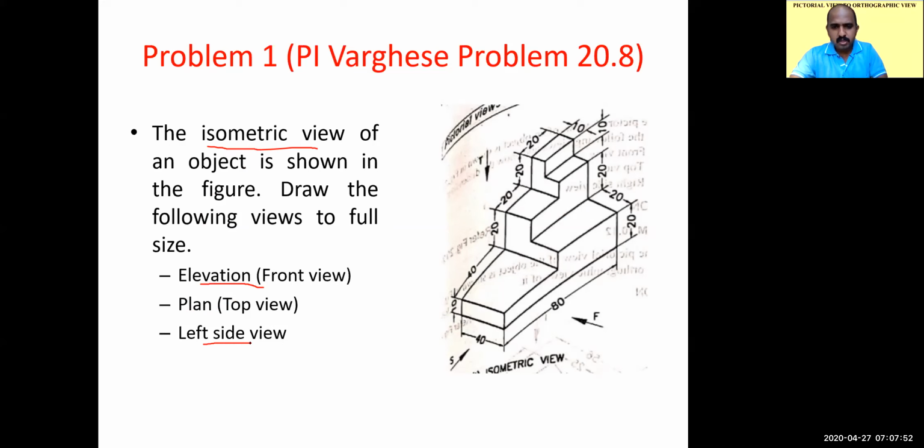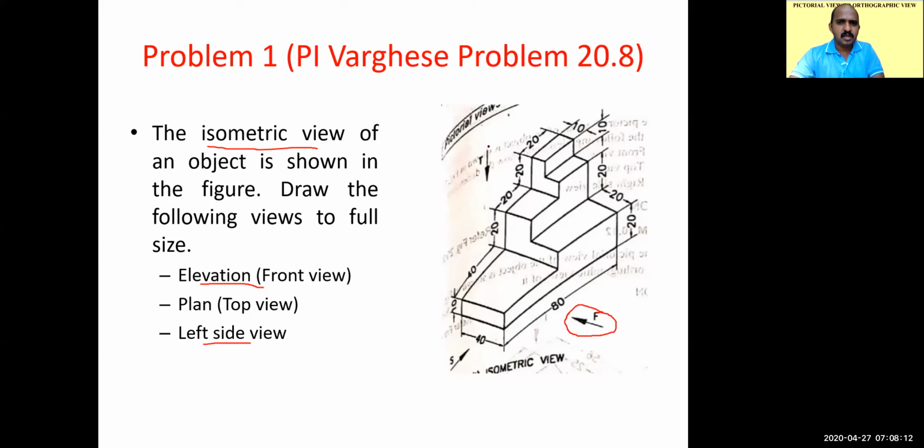Now you look into the question. Here is the object, and three directions are given. F shows the direction of your front view, so you need to draw the front view in this direction.